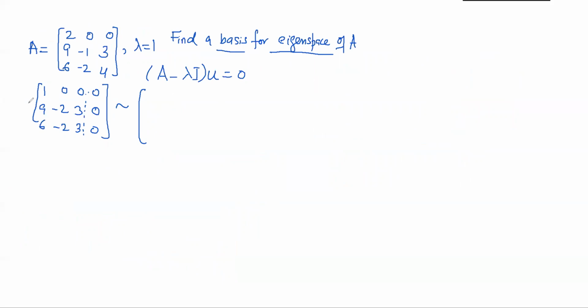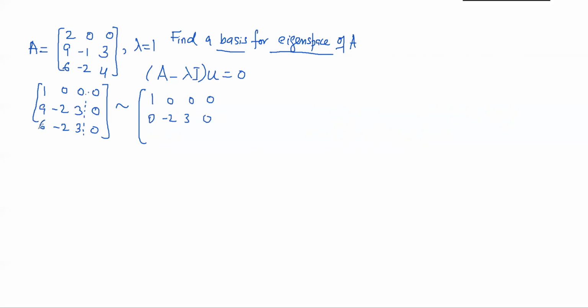So in this case, we can get a nice echelon form like this. 1, 0, 0, 0, and then 9 minus 9, that is 0, minus 2, then 3. Nothing is going to be changed except the first term.